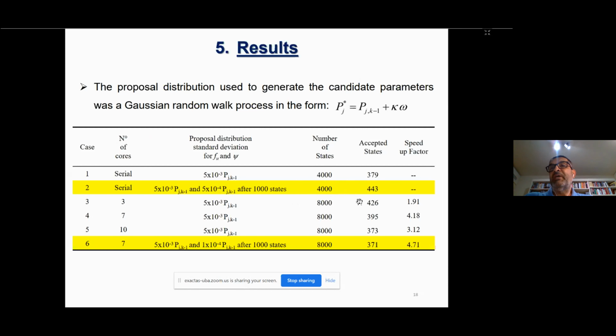The number of accepted states was about 10% of those states. For the parallel version of the Metropolis-Hastings algorithm, the speed factors were quite good. Actually, they have even reached 4.71 for this last case, and we were able to run 8,000 states.